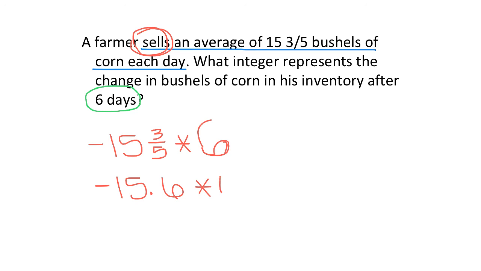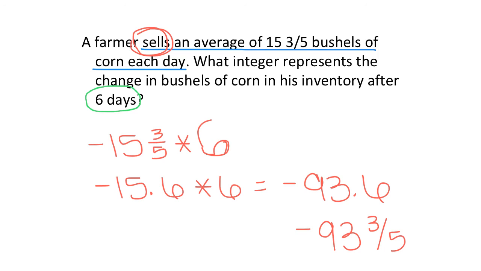And we multiply this by 6, and we find that he has a change of negative 93 6/10 bushels. Or in fraction form, we have negative 93 3/5 bushels. I would like for you now to work questions 9 through 17 on page 67 through 68.